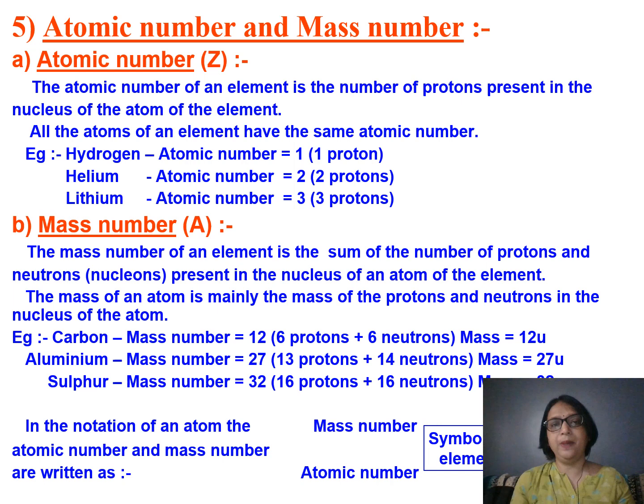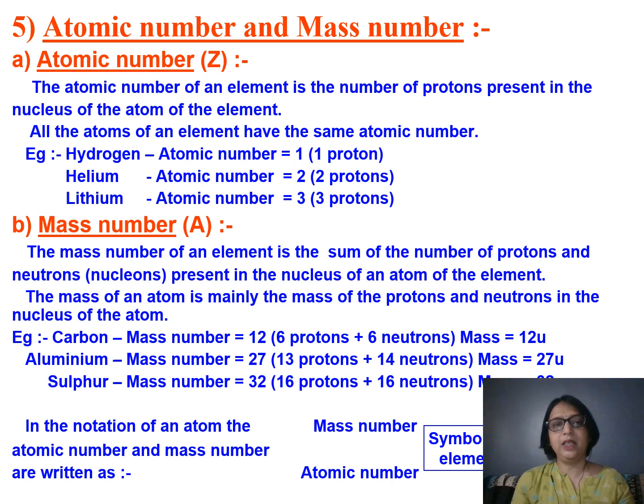All the atoms of an element have the same atomic number. Hydrogen's atomic number is 1, one proton. Helium's atomic number is 2. It has 2 protons. Lithium's atomic number is 3.